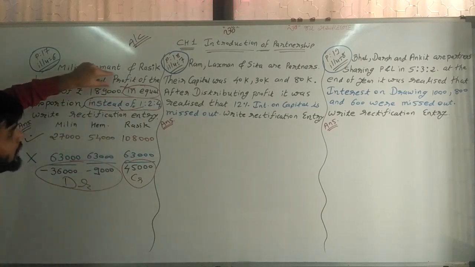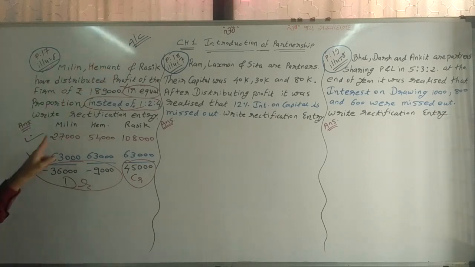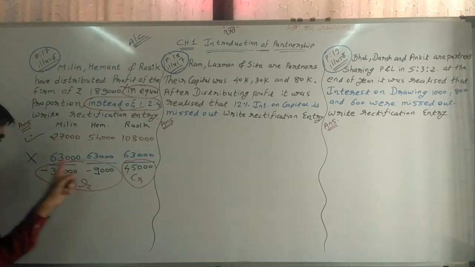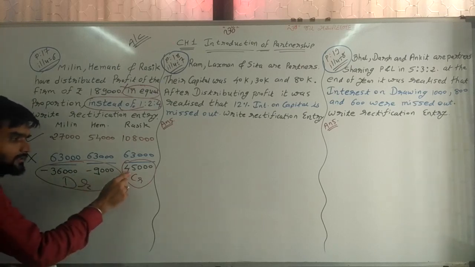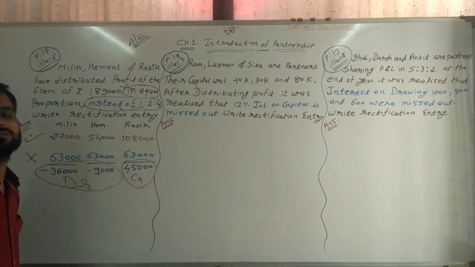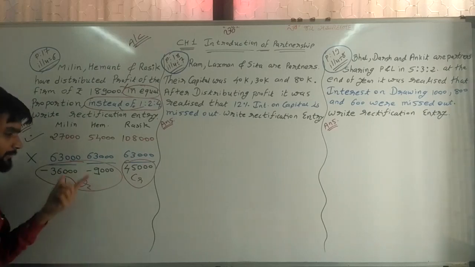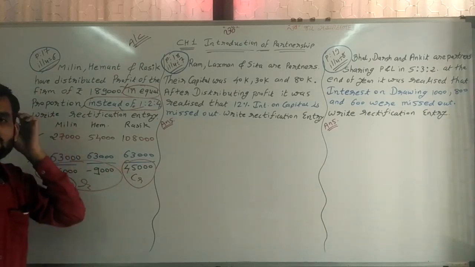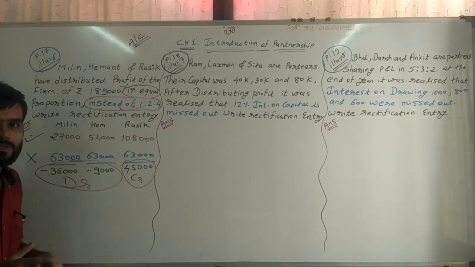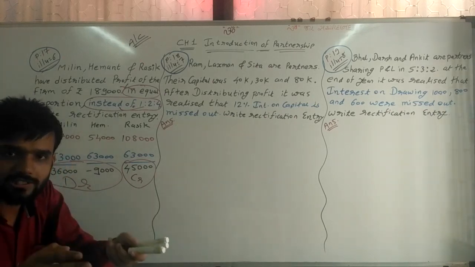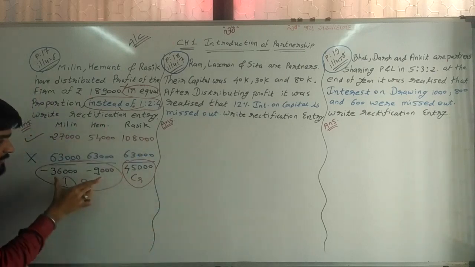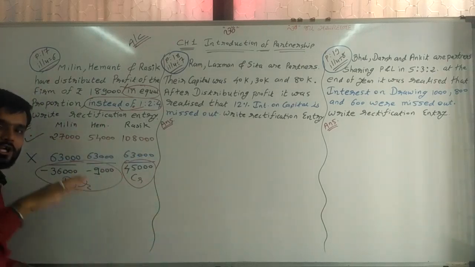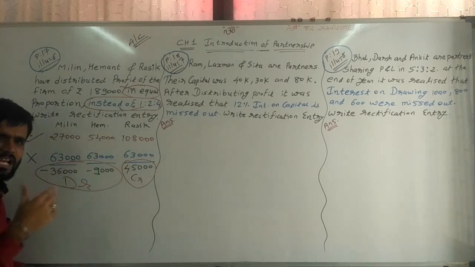If here loss is given, then write correct distribution, wrong distribution, minus credit, plus debit. Then we are doing minus credit and plus debit, because loss is the opposite of profit. So in profit situation minus debit, so in loss situation minus credit.